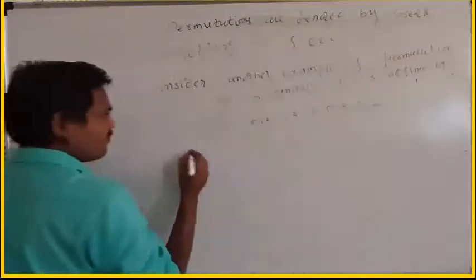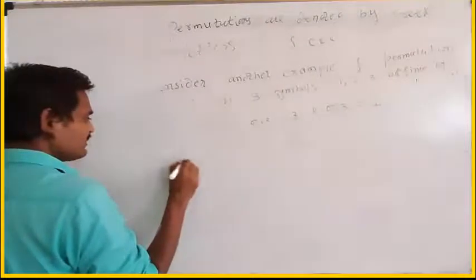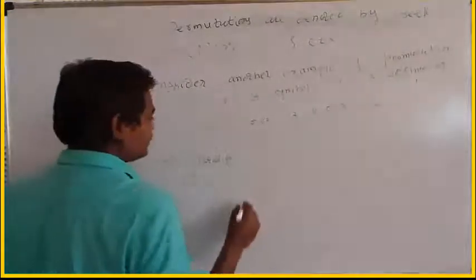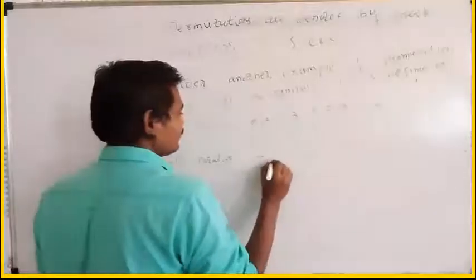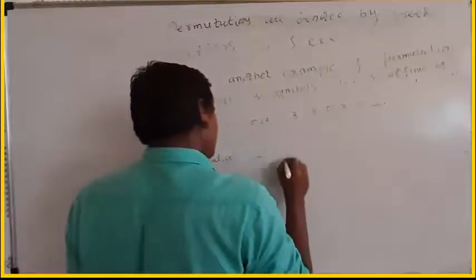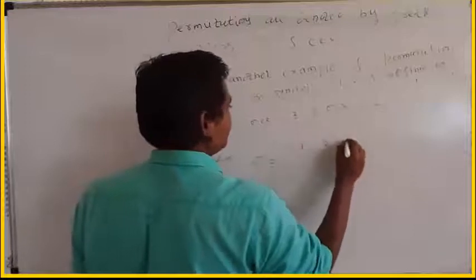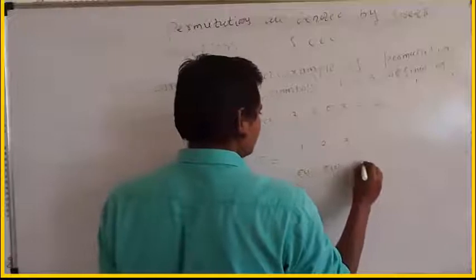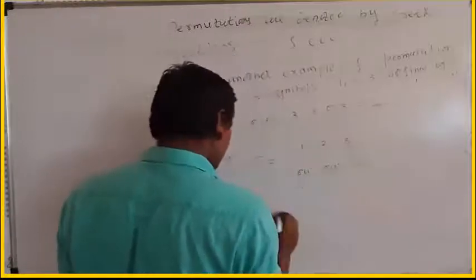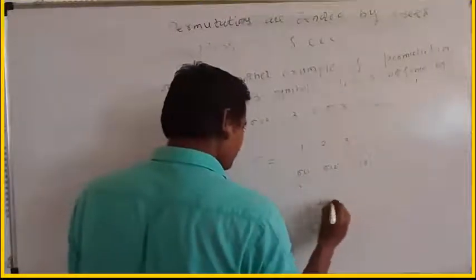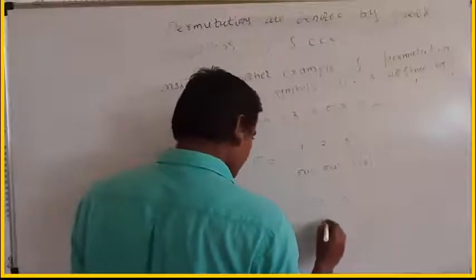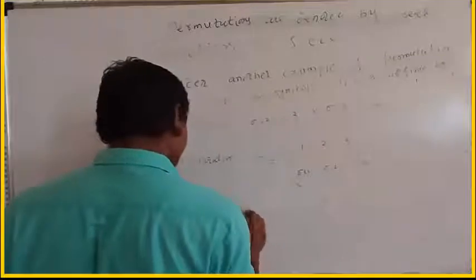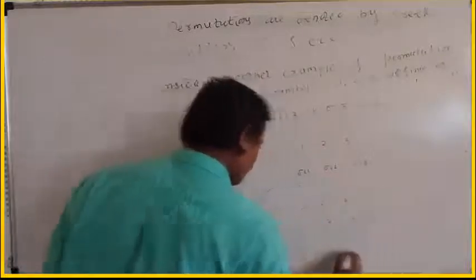So in notation, sigma is equal to 1, 2, 3 on top, and sigma 1, sigma 2, sigma 3 below, that is 2, 3, 1. This is a short notation for a permutation.